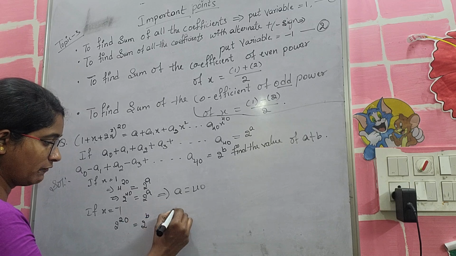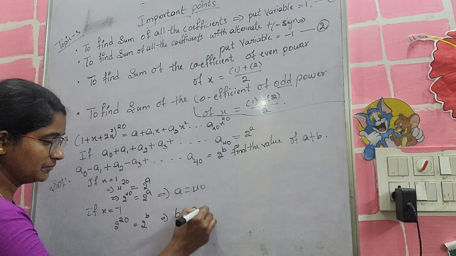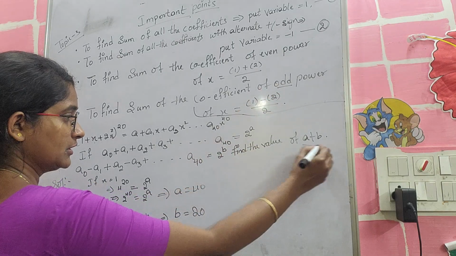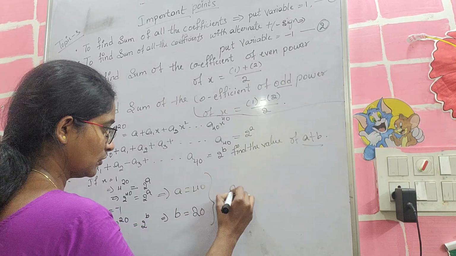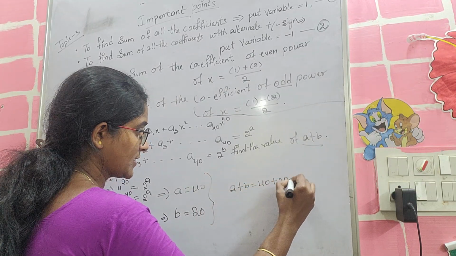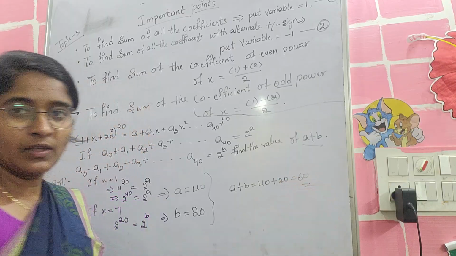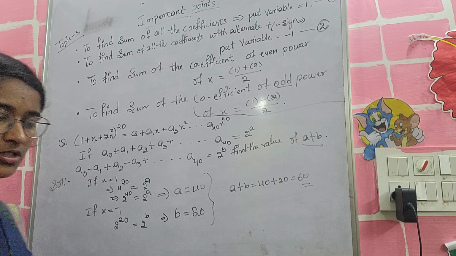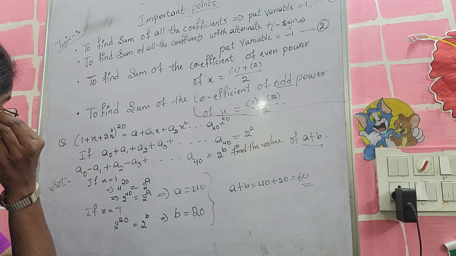So what is the value of b here? It's 20. The question asks a + b, so a + b is 40 + 20. Your answer is 60. Done? Yes. Now we'll do some other questions.